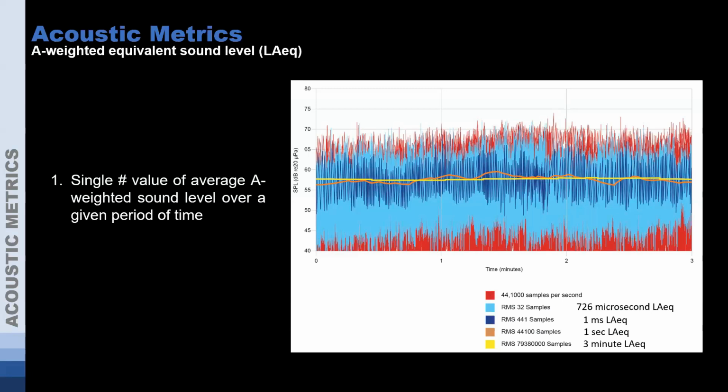So another common level that we're going to talk about is LAEQ, or an A-weighted equivalent sound level. So this is a single number value for a sound level. This is probably more typically what you're going to see with a lot of things. You may hear something called a dBA, and as just a level it's 60 dBA, 55 dBA.